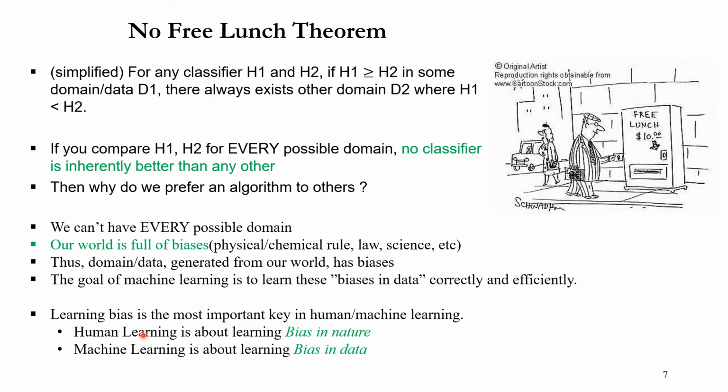Human learning is about learning bias in nature, and machine learning is about learning bias in data. That's the summary of the no free lunch theorem.